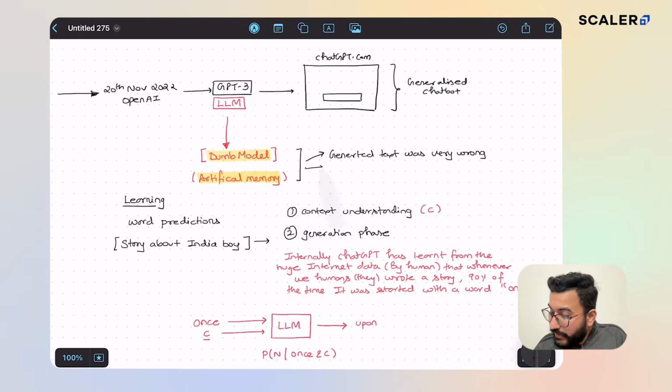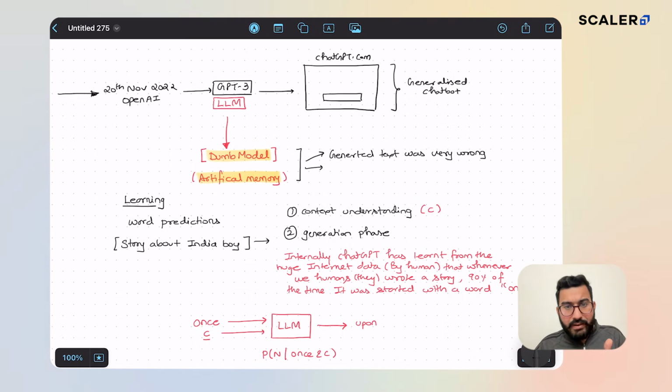Since it was generating text, there was a great problem of hallucination, which is wrong text generation. So if I ask ChatGPT who is the PM of India, and ChatGPT is not aware of this, it will still generate some random text, because it is generating text without keeping in mind what is correct and what is not correct.